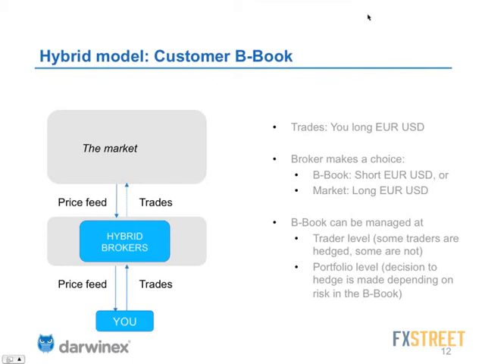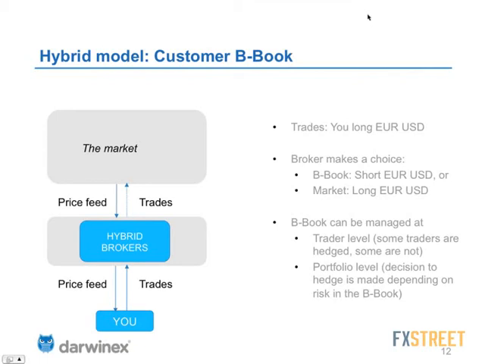Which brings us to the other way of managing the B book. So the B book could be managed at the trader level, whereby you choose that all the trades by John will be hedged or they will be taken on the B book. Or alternatively, what the bigger brokers and smarter brokers do is to say, well, I am going to take on the risk at a portfolio level.